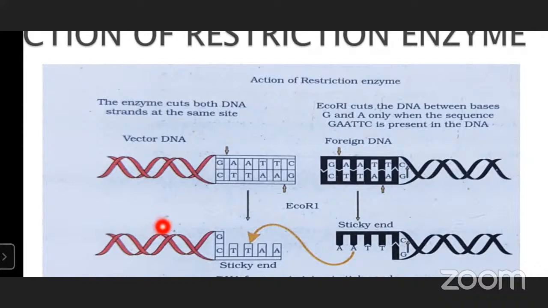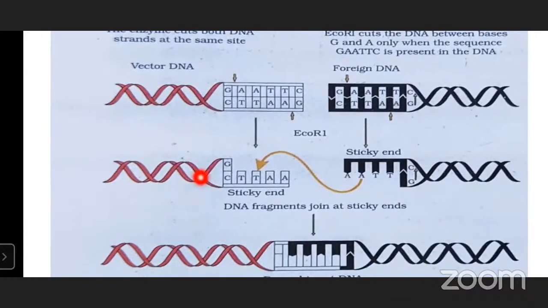By the action of restriction enzymes, they can cut the vector DNA as well as foreign DNA, and they can form specific ends called sticky ends. So these two ends fit within each other. DNA fragments join at sticky ends.